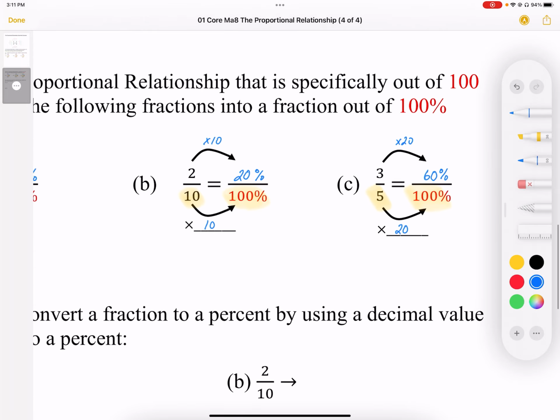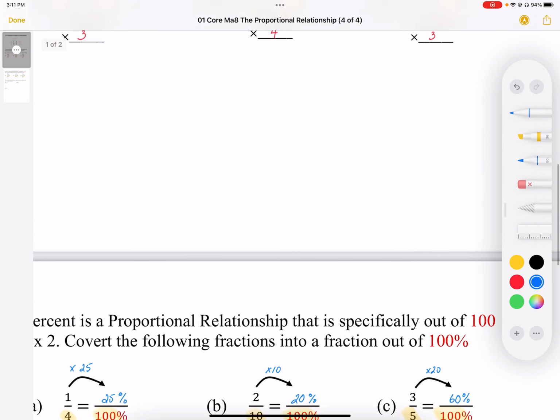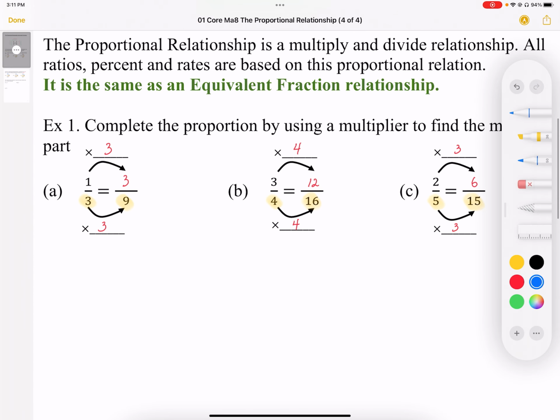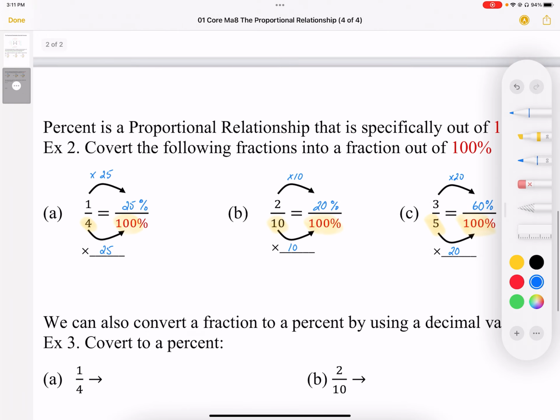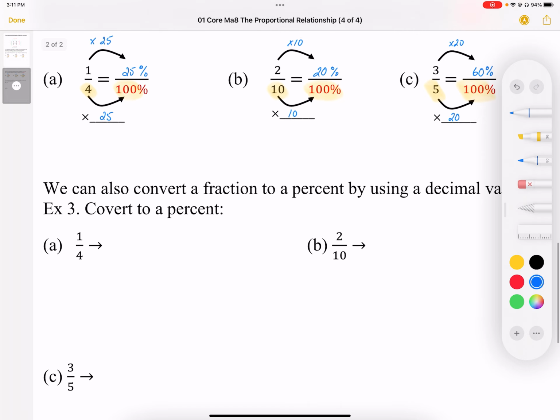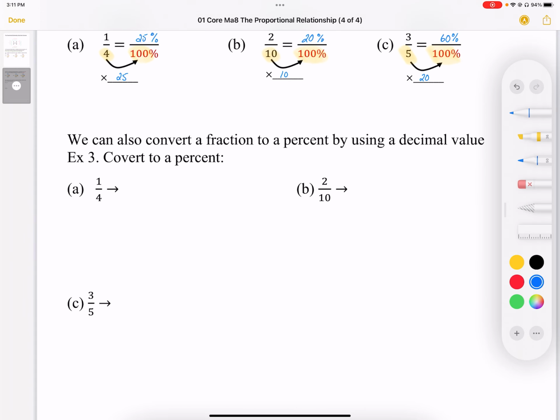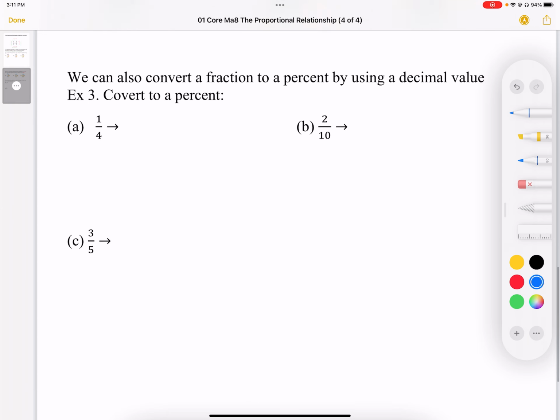So this is using the proportional relationship, using the equivalent fraction relationship. This times factor that we need is what we find to convert from one fraction to another, or a fraction to a percent. We can also convert to a percent by using our calculator and getting a decimal value. So if I want to convert 1 over 4 into a percentage, on your calculator, do 1 divided by 4.